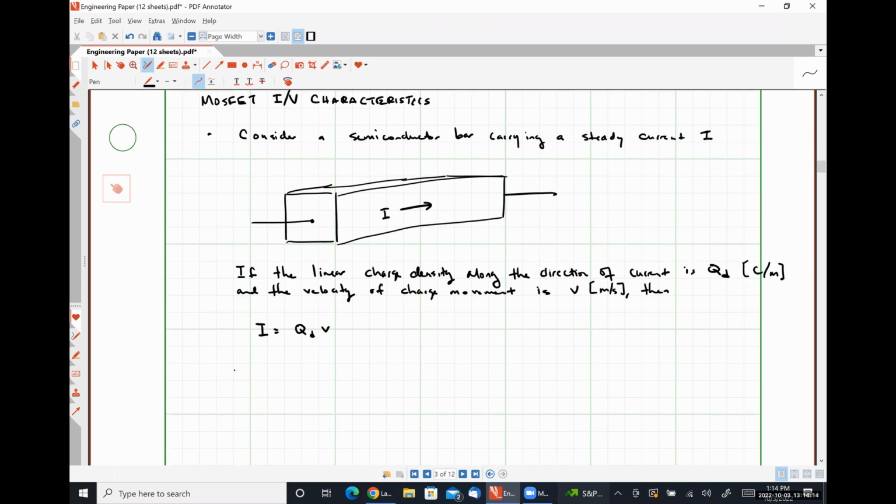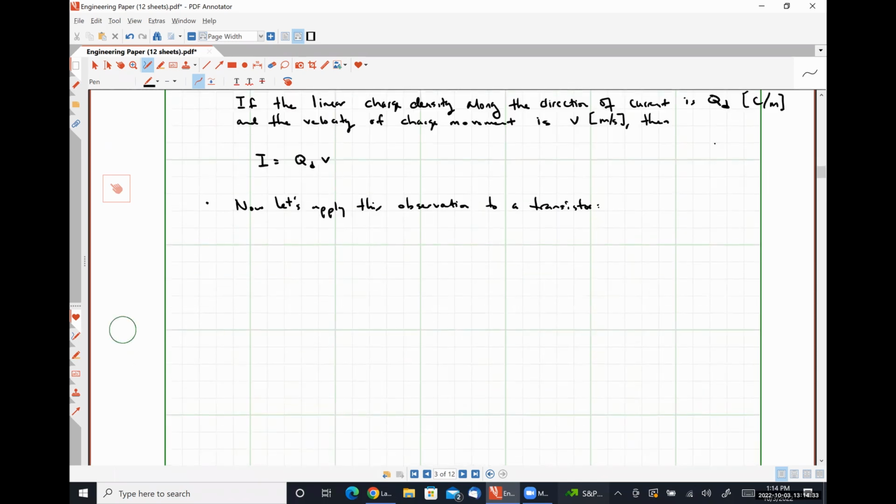Now let's apply this observation to the transistor. And I am going to attempt-ish to draw a 3D-like structure to explain some of these dimensions here. I'm going to apologize in advance for how bad this is going to look.